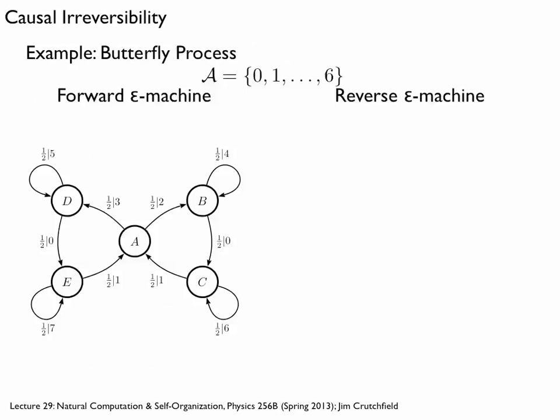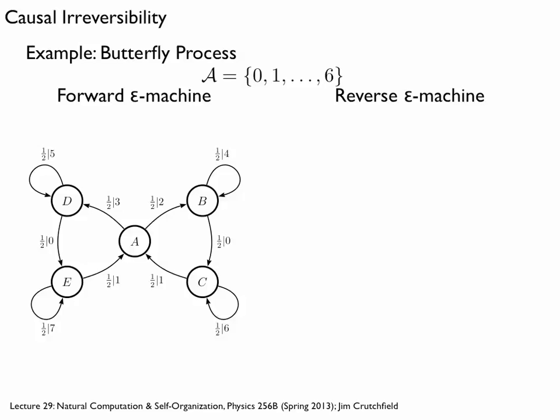Okay, one more example, I think. Call this the butterfly process. There's a whole zoo of these things. These are all built into the Computational Mechanics in Python library, the machine library. I'll play with them. 5 states over a 7-letter alphabet. Again, it's not something one's going to typically do by hand, although we did.